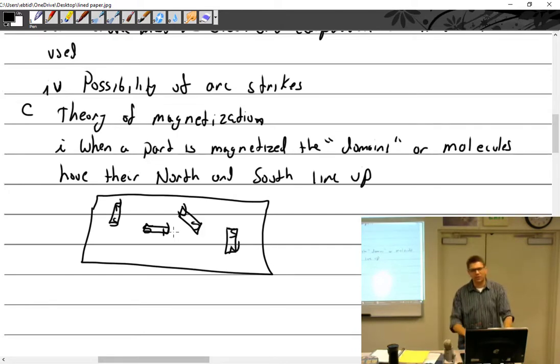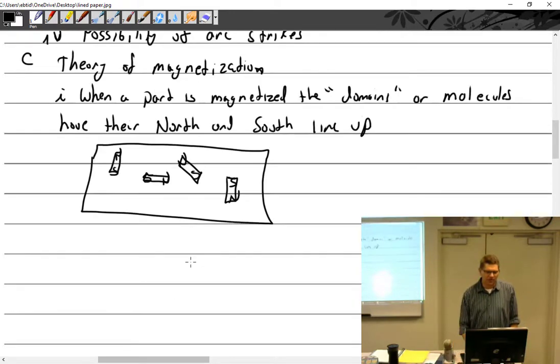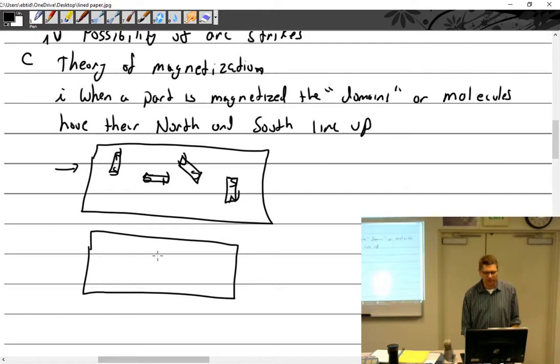When all of these domains are scrambled and they're not headed the same way, the entire part has no magnetism. But if I pass a current through the part or subject the part to a magnetizing force, it doesn't have to be current going through it, then all these little domains within it line up, and when they line up, north, south, what would go here? North, south, north, south.